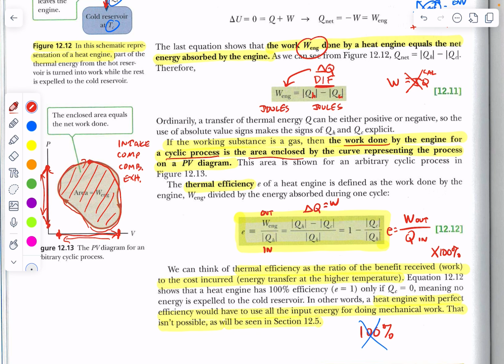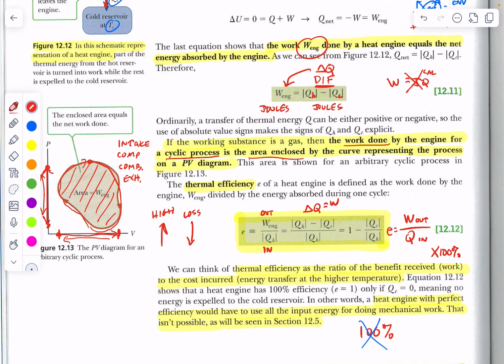We like high efficiencies. That's the goal, to make our engines higher and higher in efficiency, which means in terms of loss, inefficiency, we want that value to go lower and lower. We want to minimize the heat loss and maximize the work being done.